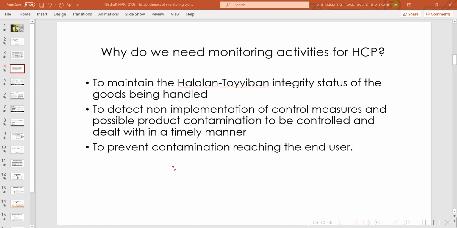Okay, so this is the aim why we need to monitor the production or the process, especially the HACCP that we have identified in the previous class. All right.